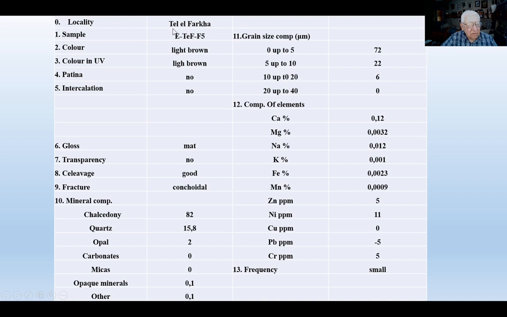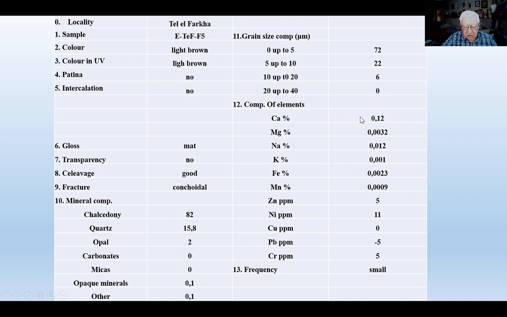And there are next examples of mineralogical features of flint. Flint number 5 example, and color in ultraviolet light, and gloss, transparency, macroscopic features, mineral composition in percent, mostly chalcedony quartz. In flint number 5, there are plenty of various types, and grain size composition dominated by very small chalcedony crystals and some coarser quartz, and chemistry.